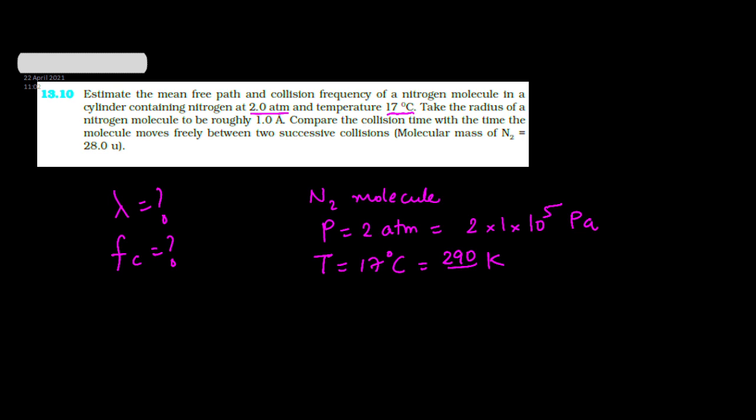Now let's put all these values. See, one thing that I have noted over the years, listen to this carefully, is that if the question says estimate, so you just have to get an approximate value, then normally people use the formula without root 2. Did you understand what I'm saying?